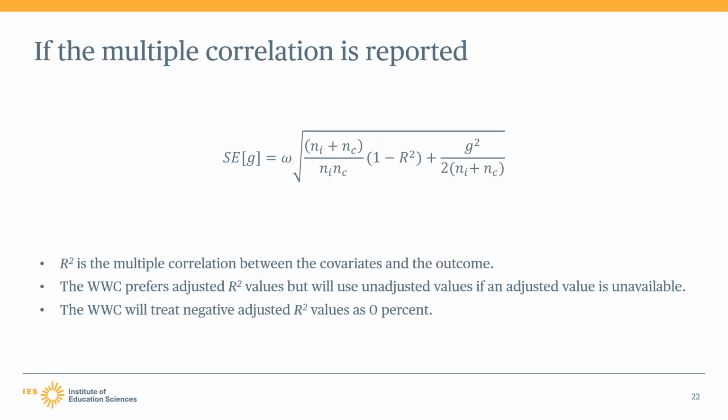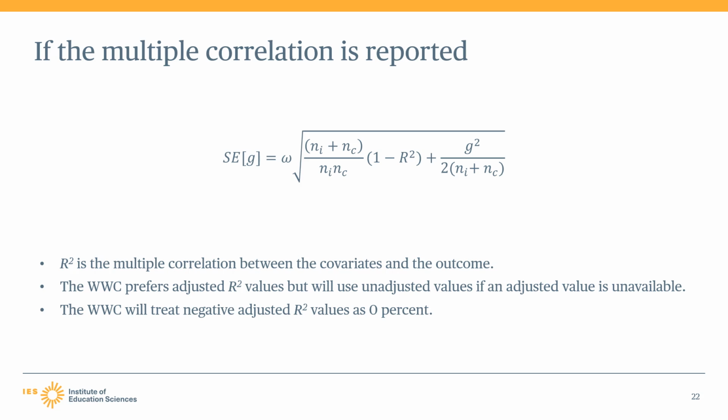But in other cases, a study may not report the information needed to use that formula. If the study authors report the multiple correlations between the covariates and the outcome, or R-squared, then the covariate-adjusted standard error for the effect sizes instead can be calculated using this formula.